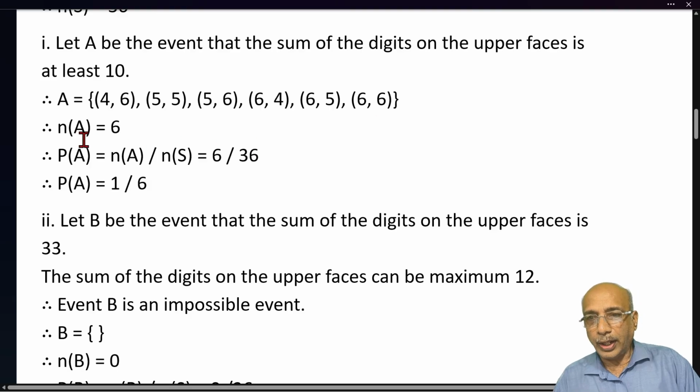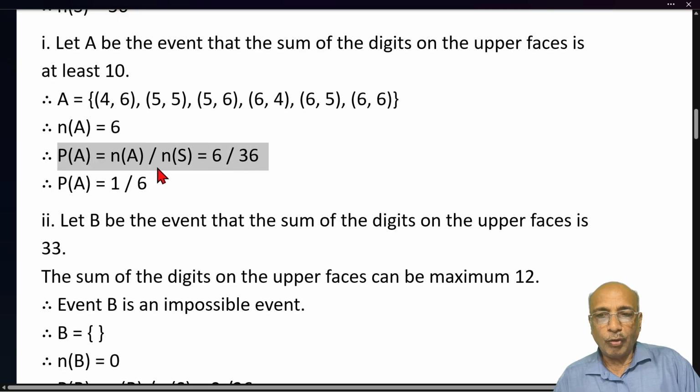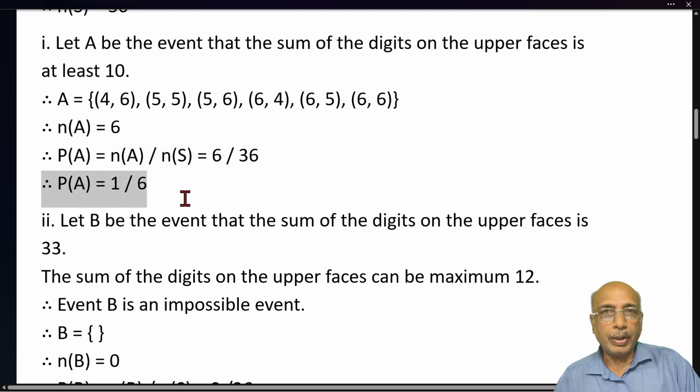Therefore, N of A equals the number of elements here, which is 6. P of A will be N of A upon N of S equals 6 by 36. Simplify it, P of A equals 1 by 6.